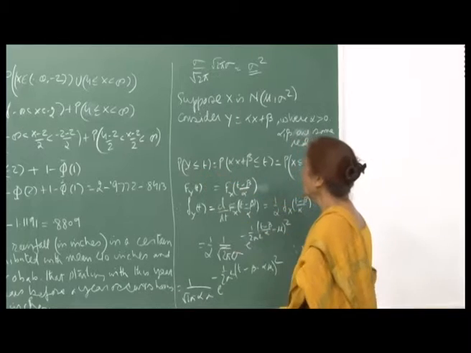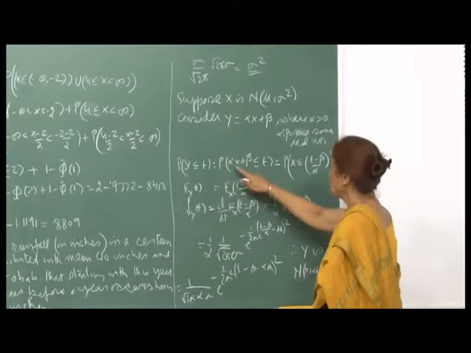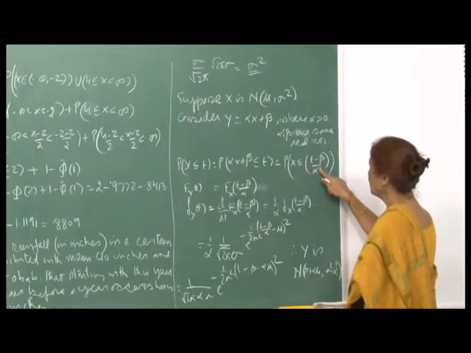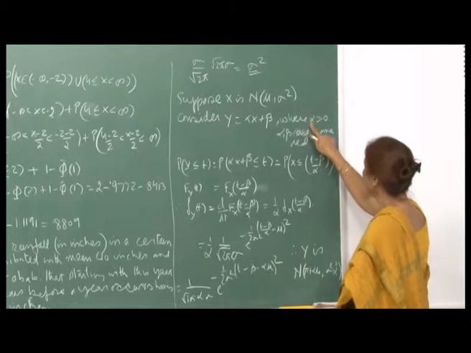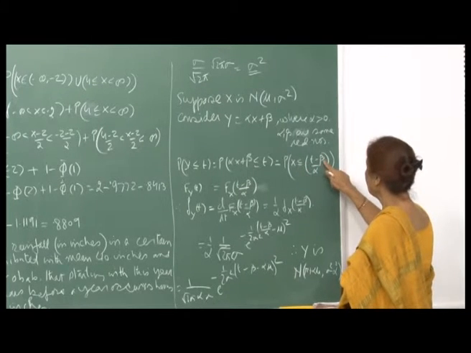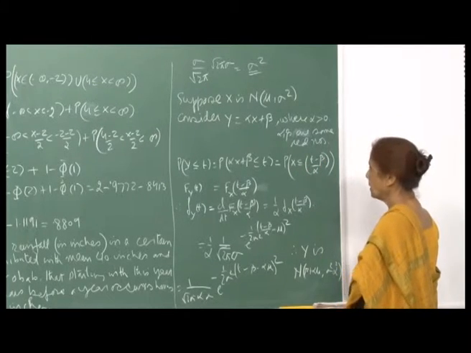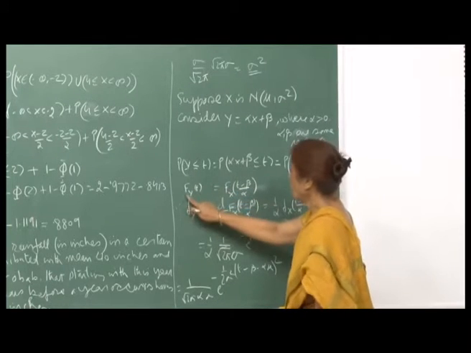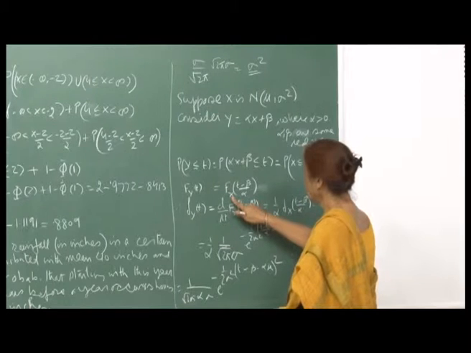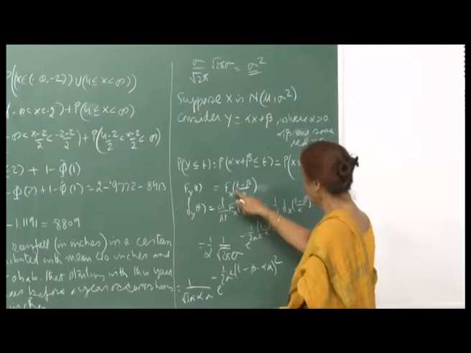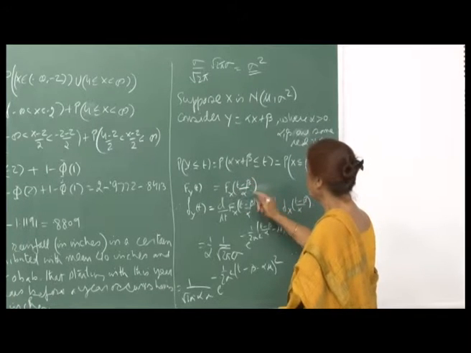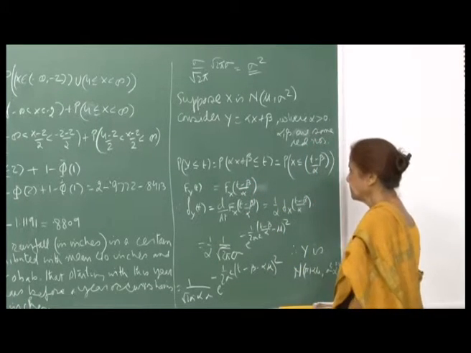So, probability Y less than or equal to t is probability alpha X plus beta less than or equal to t, which reduces to this, and since alpha is positive, the inequality remains intact. So, this is t minus beta upon alpha. Okay. And so, this is your cumulative distribution function of Y, which is equal to the cumulative distribution function of X, but the parameter t gets replaced by (t minus beta) by alpha, right.